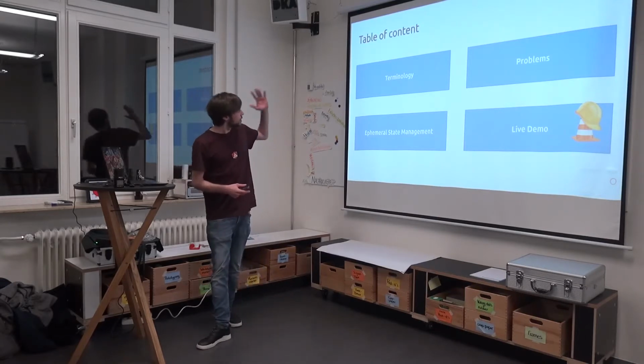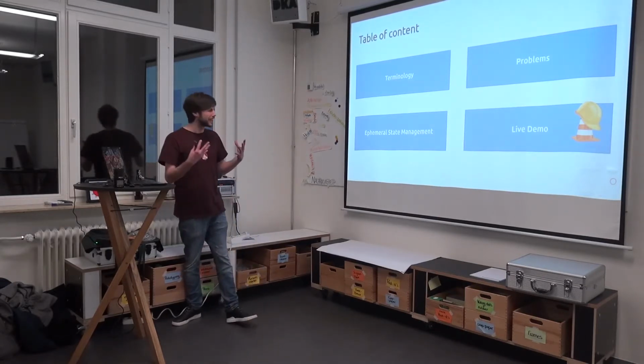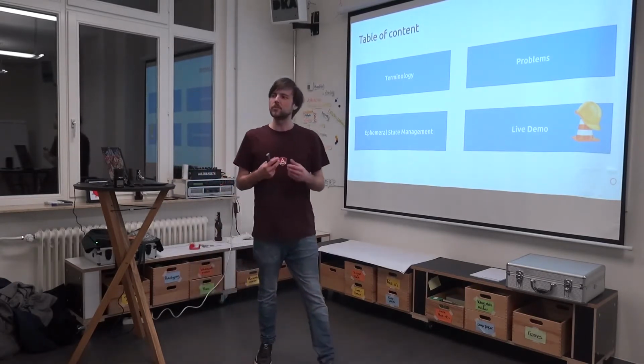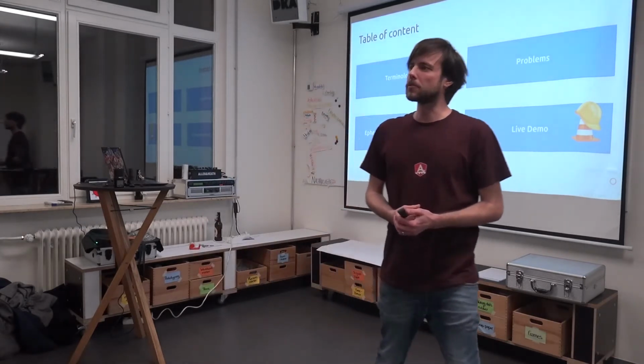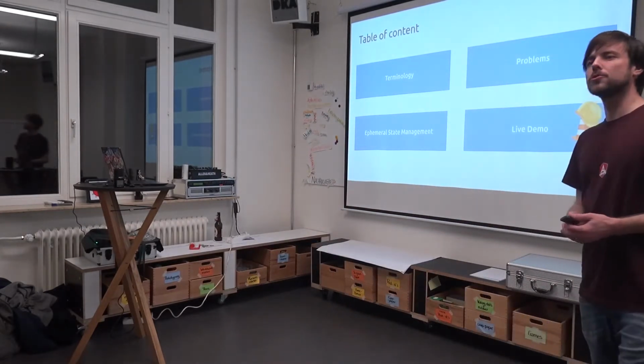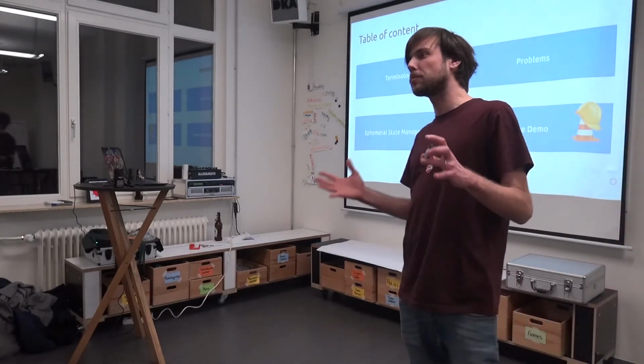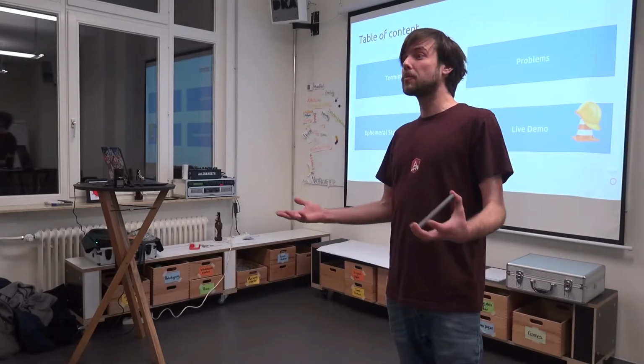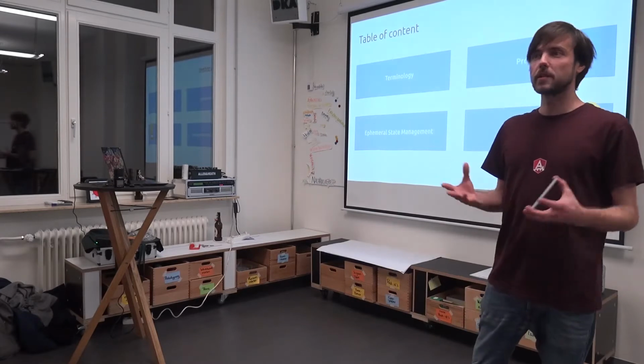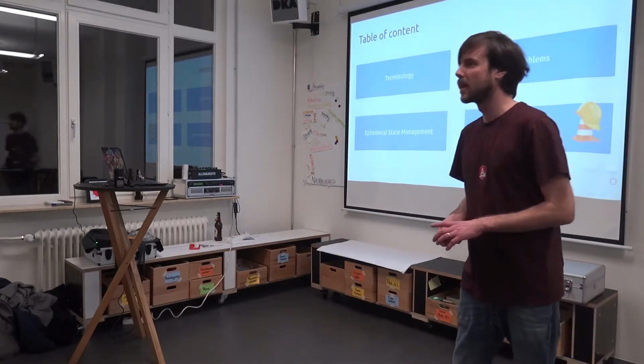So I will speak about the terminology, how you can understand it, some concepts, some ways to get names for all those things. Then I will introduce you to a set of problems that you will experience when you try to implement your state management in a reactive way.